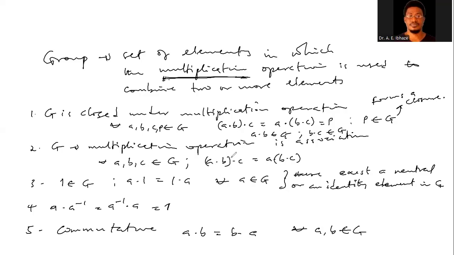But in this case, A dot A inverse is equal to 1, right? So 0 dot 0 inverse is not equal to 1. So when it comes to multiplication operation, 0 cannot be an element of the group because it violates the fourth condition.